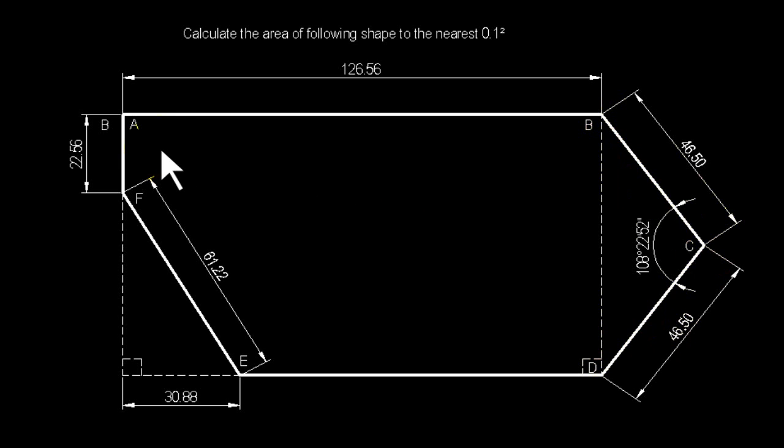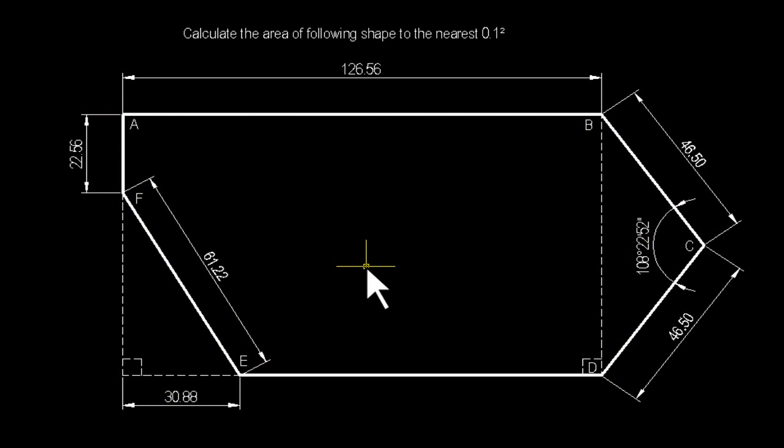We've named the shape A, B, C, D, E, F, and we've got a little B here that's unnecessary, so I'm just going to delete that, and there it is. And then we've got some little construction lines here, this one across here indicating that this is a right angle, and again this here is a right angle.